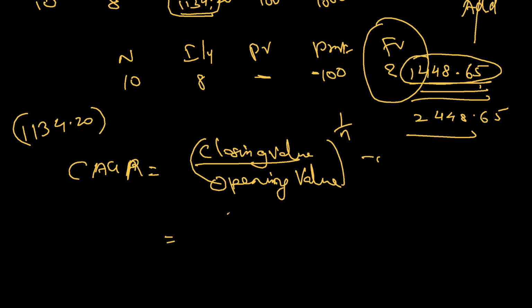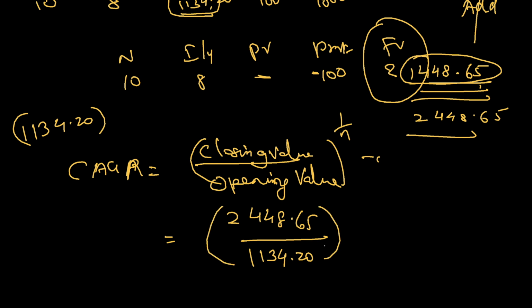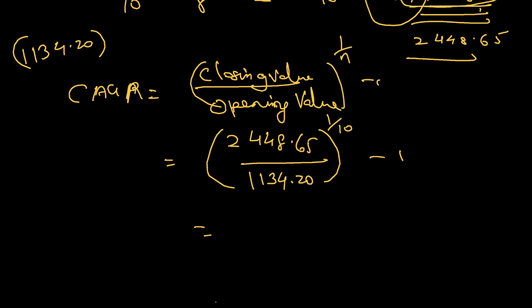So closing value is 2448.65 and opening value is 1134.20, to the power 1 by 10, since this is for 10 years, and then minus 1. So solving this, 1 by 10 comes as 0.1.